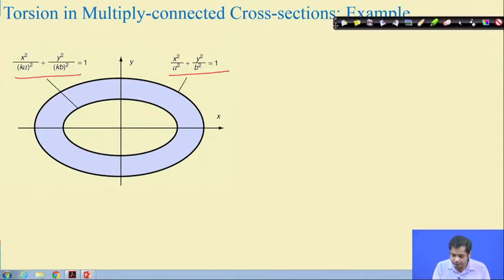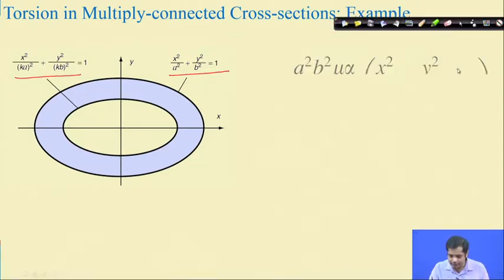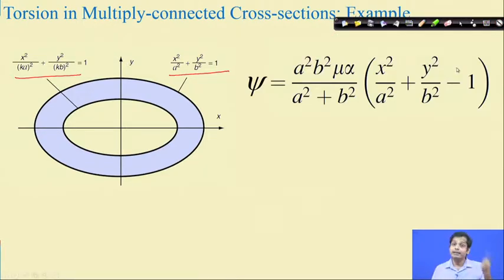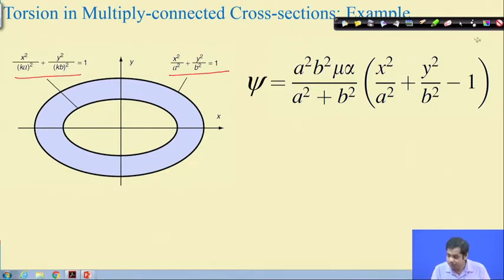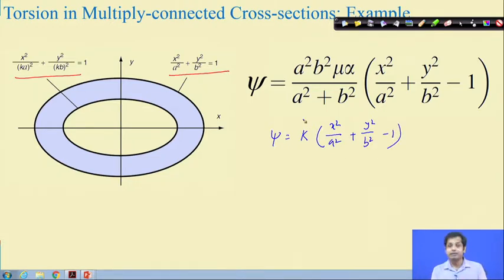Let us start with the assumption of psi. If you recall, in the case of the solid elliptical cross section, psi was taken as k times (x squared by a squared plus y squared by b squared minus 1), and then k we determined based on the conditions. That k was the constant for psi.